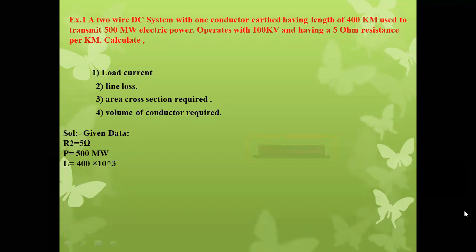That area cross section of conductor required will be per kilometer, because he has mentioned a total length there. It will be converted into meter, and rho is the resistivity or the specific resistance of aluminium or ACSR conductors.